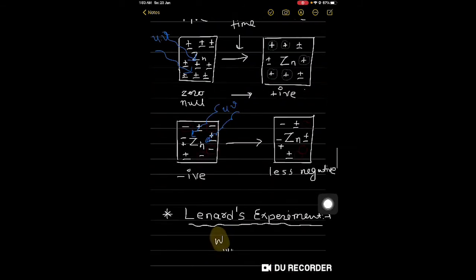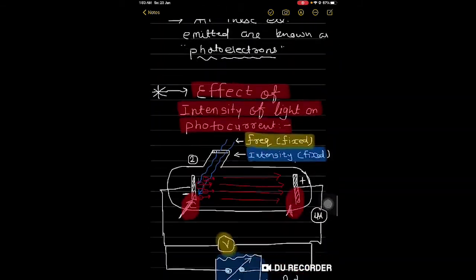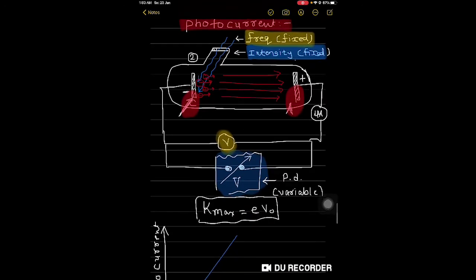Now dear friends, we will learn the third effect, that is the effect of frequency of incident radiation on stopping potential. For that, we now study the relation between the frequency f of incident radiation and stopping potential V0.